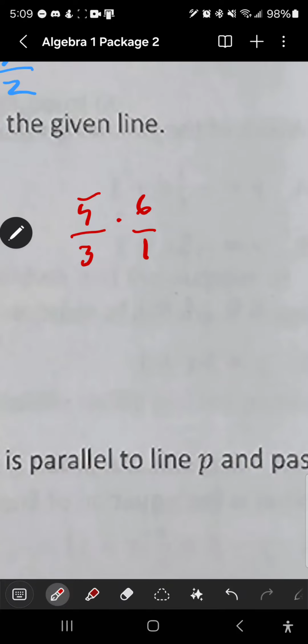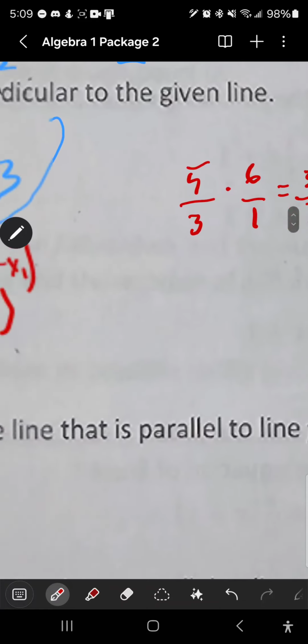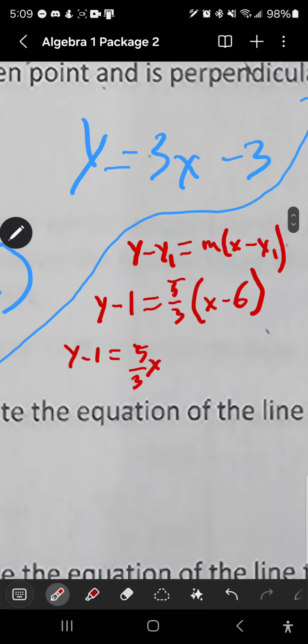We multiply the numerators and the denominators. 5 times 6 equals 30, 3 times 1 equals 3, and 30 divided by 3 is equal to 10. So we have minus, because this is positive and this is negative, so minus 10.